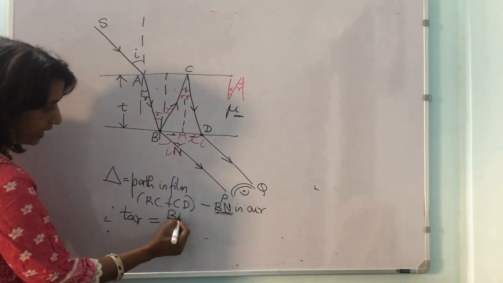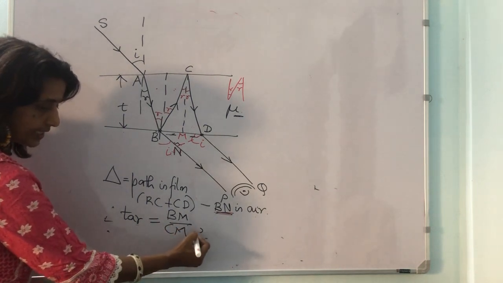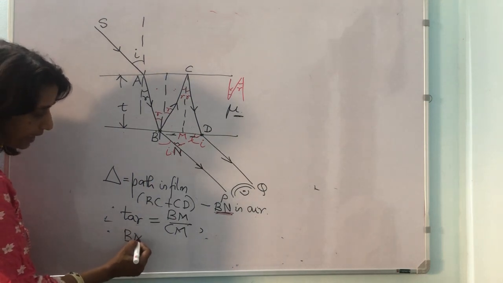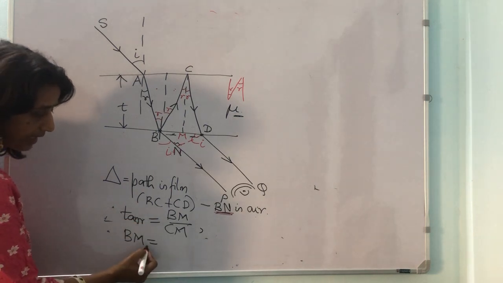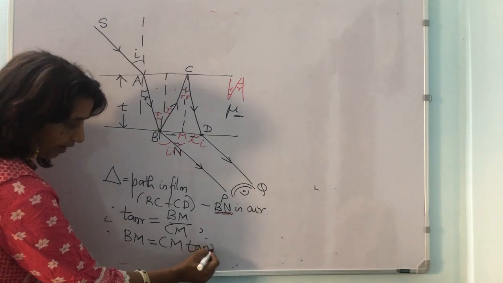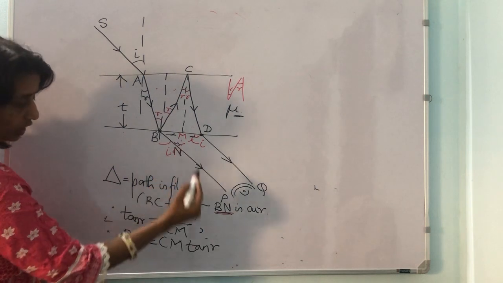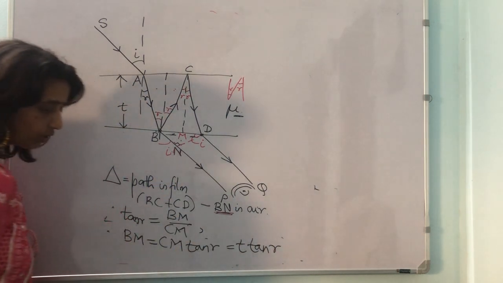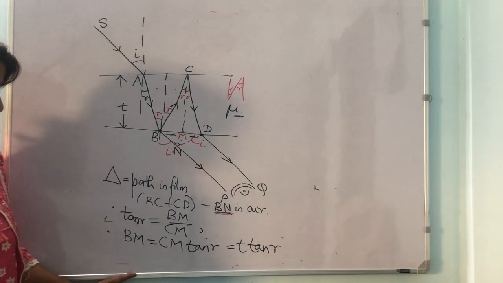Another way, BM becomes equal to CM into tan R. What is CM? Thickness of the thin film. So it is T tan R. Now we can put these values in the expression for path difference.